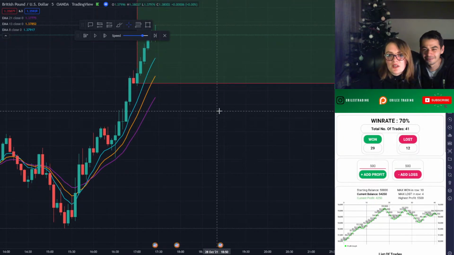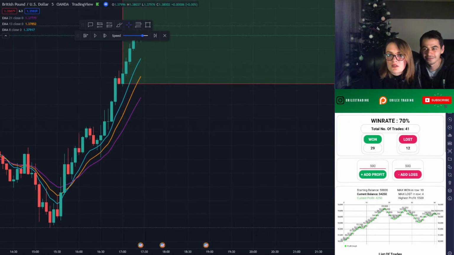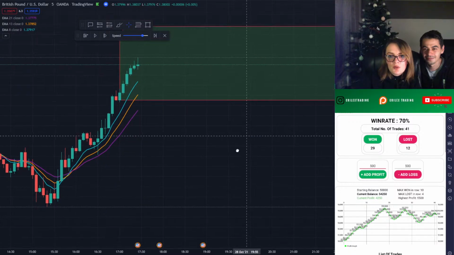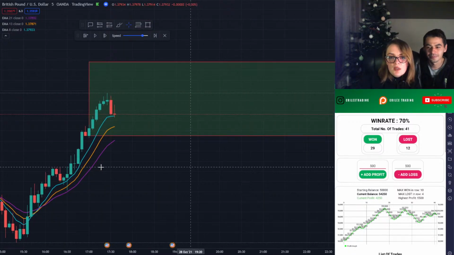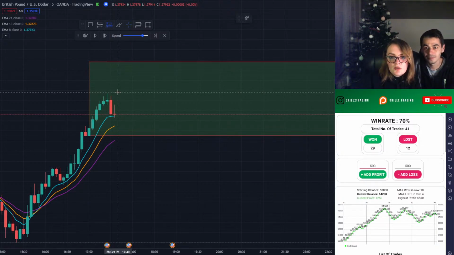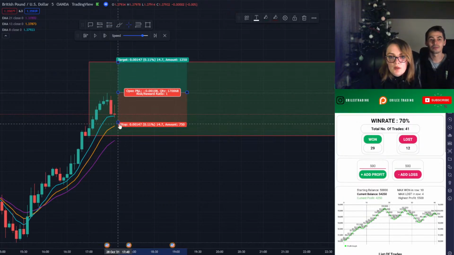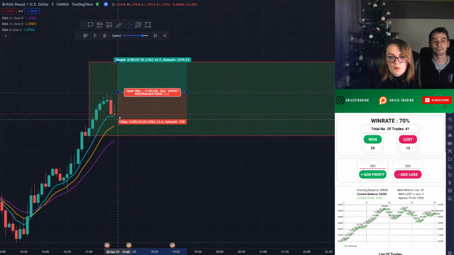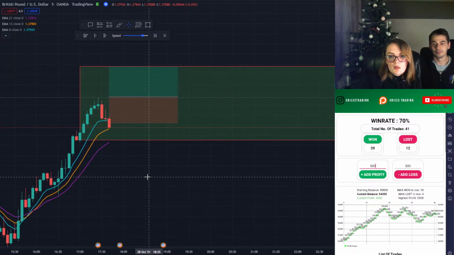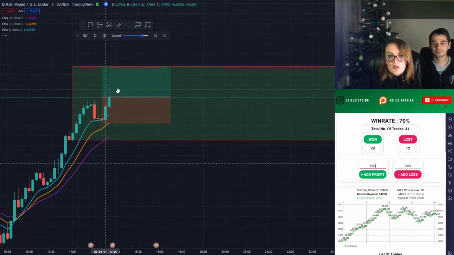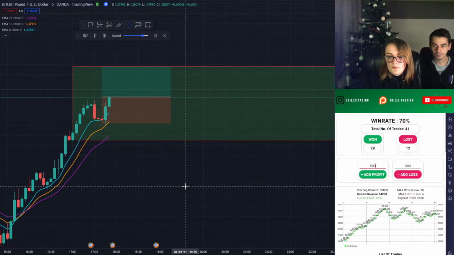Okay, and actually, yes, we are again in this green zone, so we are going to look for buy entries. And actually, we've got this retouch of the small EMA here, so I'm going to place the buy stop, with the stop loss below this wick. And we are now in this position.